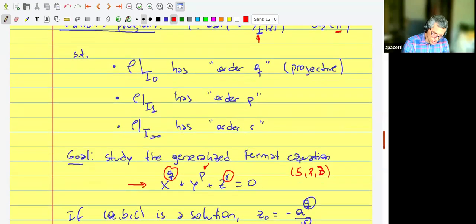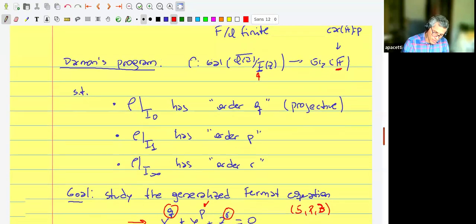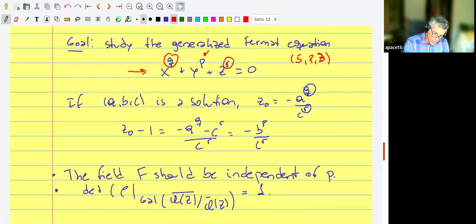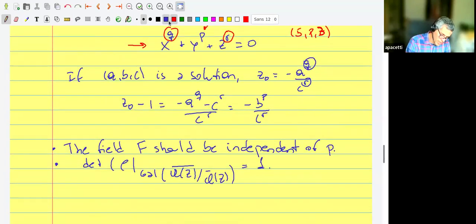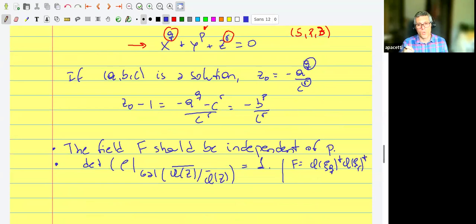And in this particular case, when you have these three parameters like this, your field F, it's not only going to be independent of P, but it's going to be Q of zeta_Q plus times Q of zeta_R plus. So it's a composition of the totally real subextensions of the cyclotomic fields.